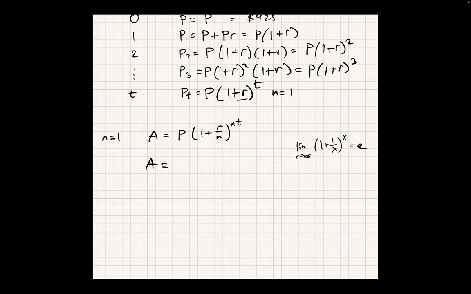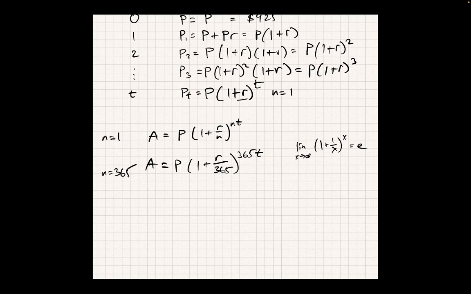If I say 365 compoundings per year, then I just put in 365 for my N. But what happens if I want to compound once per second, twice per second, or 100 times per second?